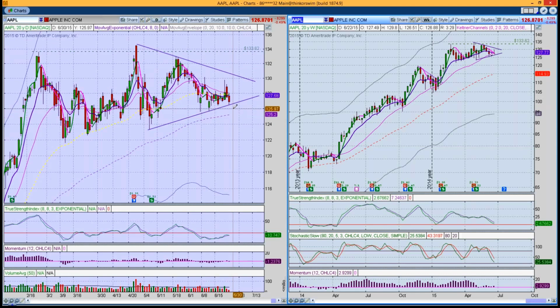So we know it has support down here at about 126 down to 125 where the 100-day moving average is. Would I take a trade in it right now? As long as it stays above this uptrending line here and it's looking like it might be bouncing a little bit, yeah, you could take a shot at it right here.